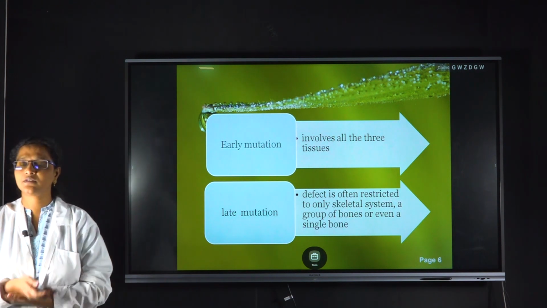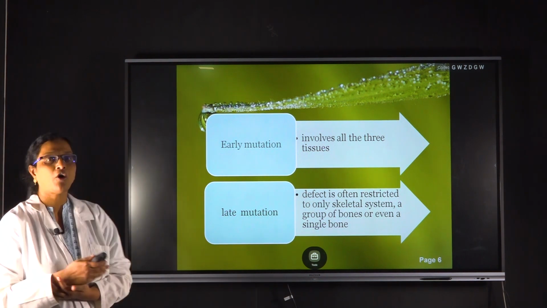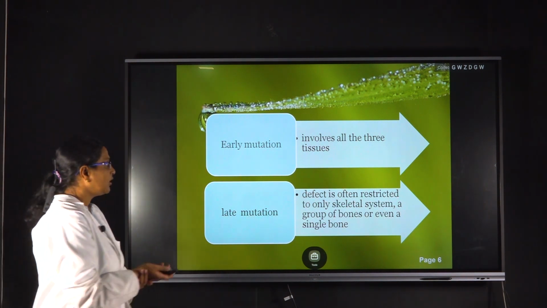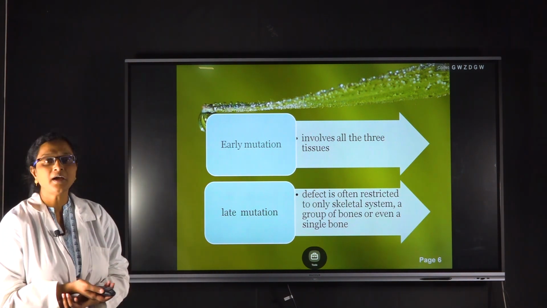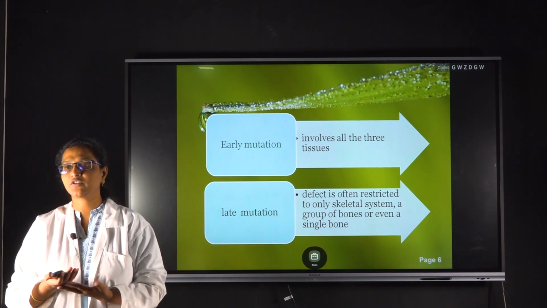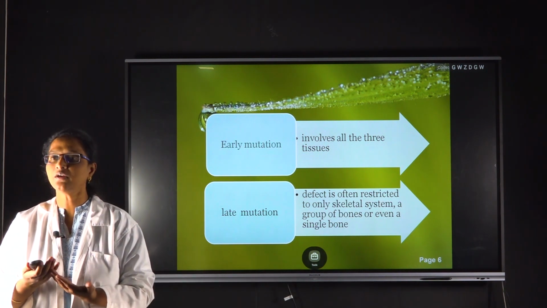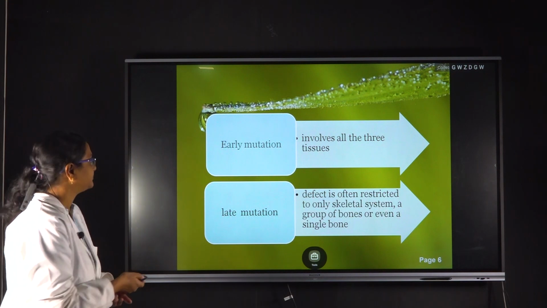If the mutation of this gene occurs in the early stages, then it will affect all three tissues: bone, melanocytes, and the endocrine glands. But if the mutation occurs in the later stages of the zygote, then it may involve only a few bones or other bones of the skeletal system.